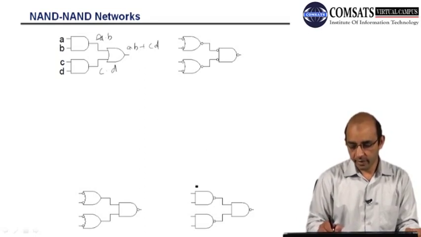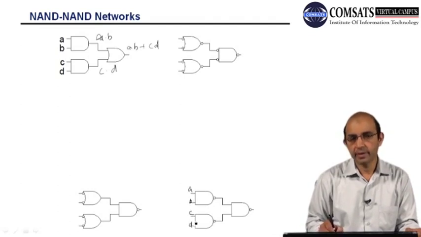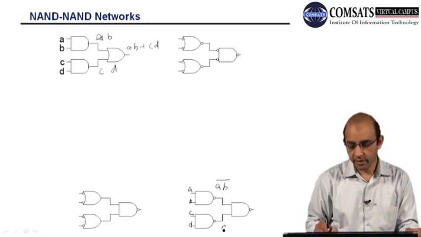If I have the same inputs, A, B, and this is C, and this is D, what I will be getting is A dot B whole bar, because this is NAND, C dot D whole bar, as this is NAND. And I will be having AB whole bar, and this is CD whole bar, and this.